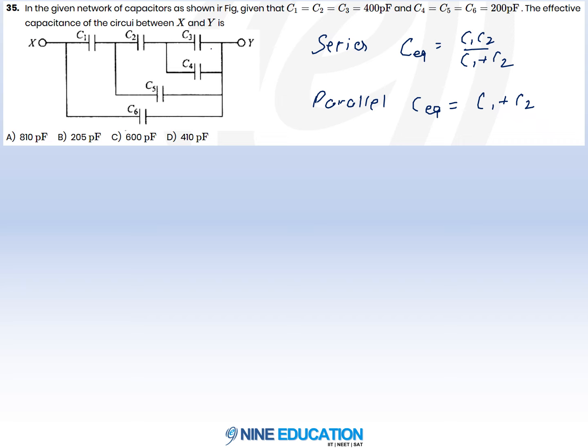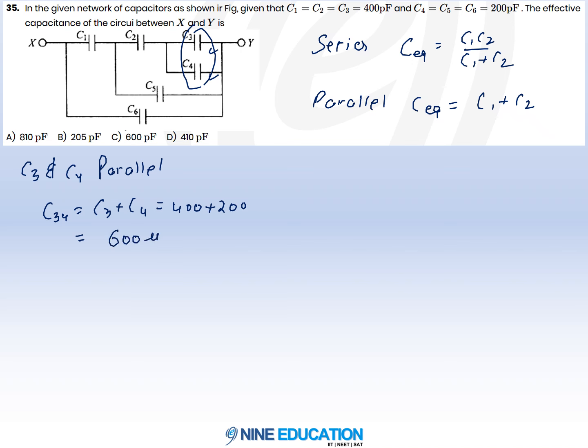So if you observe carefully, 3 and 4 are in parallel combination. So their equivalent C34 becomes C3 plus C4, simply 400 plus 200 is 600 microfarad.